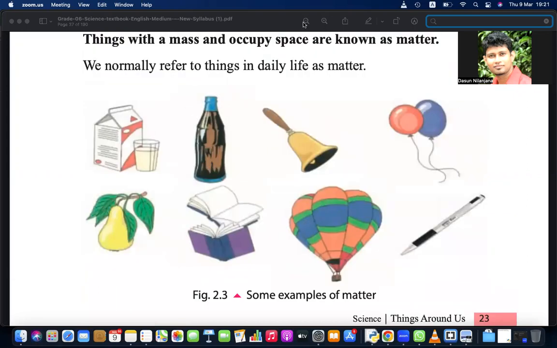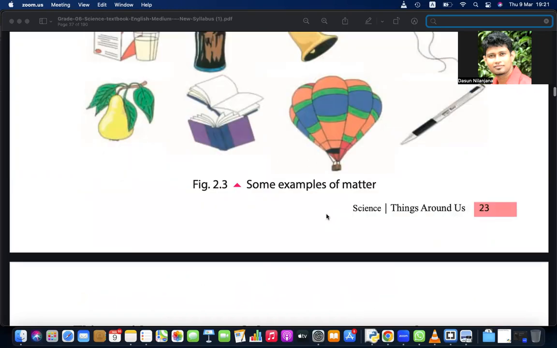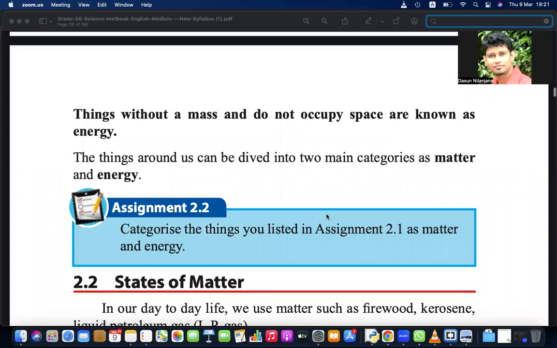Okay, out of this, you can see the things that have mass and occupy space. These are examples for matter. At the same time, what are the examples for energy?